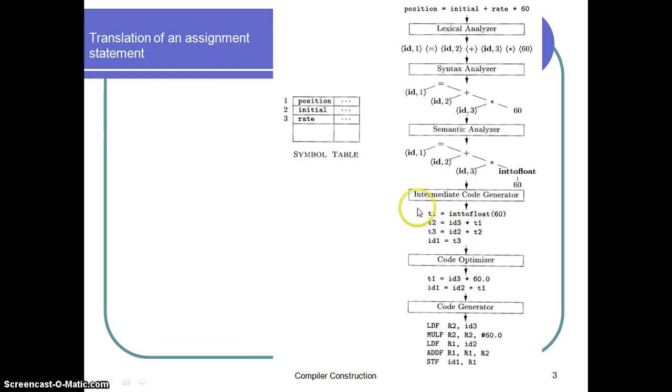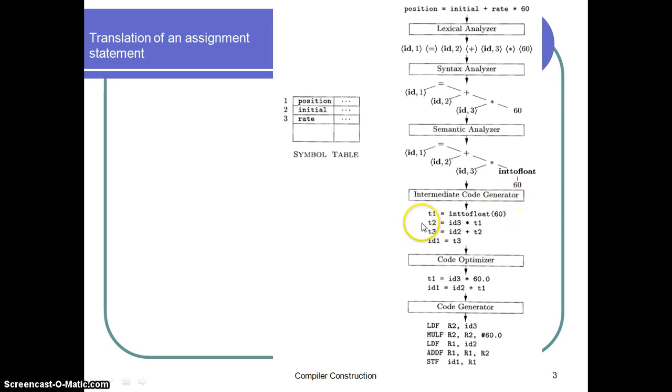So id2 + t2, which is held by t3, is going to be assigned to id1, which involves certain steps in the intermediate code generator.